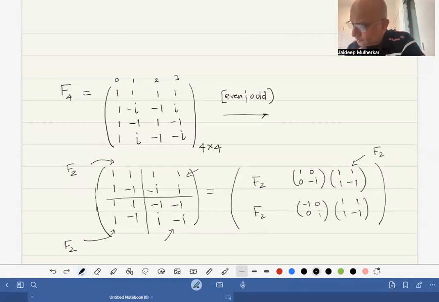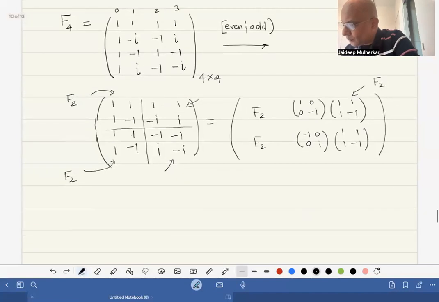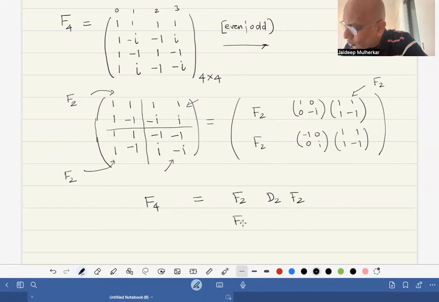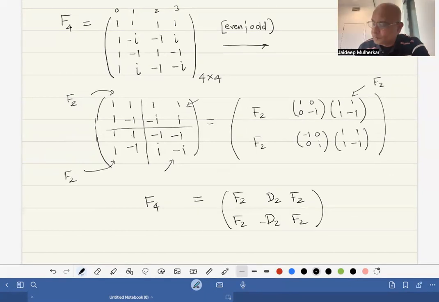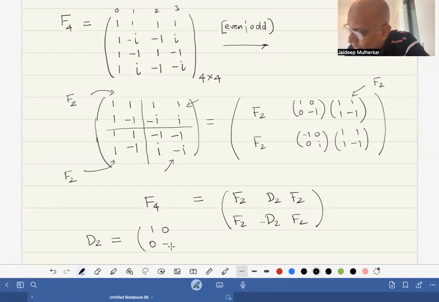So this F4, I can then write as F2, D2 F2, F2, minus D2 F2, where D2 is a diagonal matrix. Okay, so D2 is this diagonal matrix 1, 0, 0, minus i. Right?